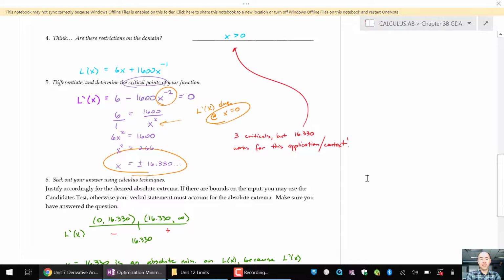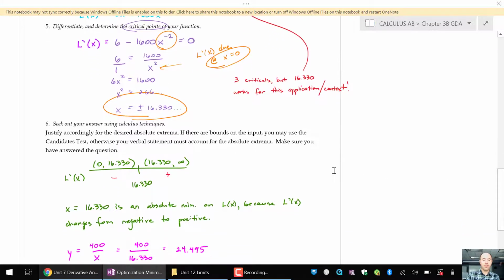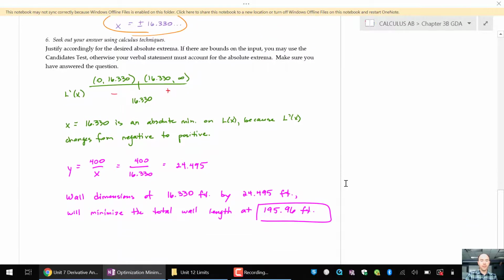And then just to justify the conclusion, I'm going to build an L prime sign chart, and sure enough, I see that less than 16.33, my derivative is negative. Greater than that number, the derivative goes to positive. So what I have found is that at x equals 16.330, there's a minimum on the function L because L prime changes from negative to positive. So let's use that information to find the remaining dimension.